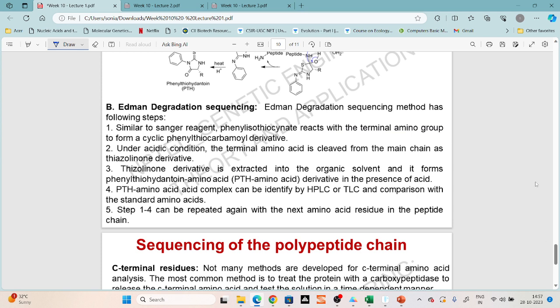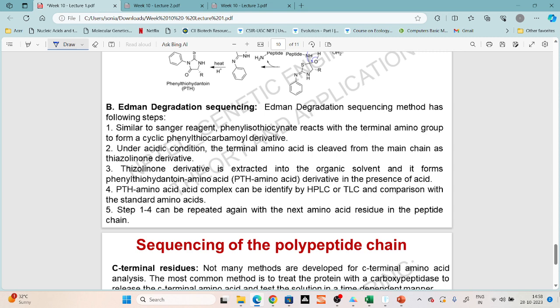In Edman degradation, the reagent that reacts with the terminal amino acid is phenyl isothiocyanate. And in Sanger sequencing, the reagent that reacts is Sanger's reagent.